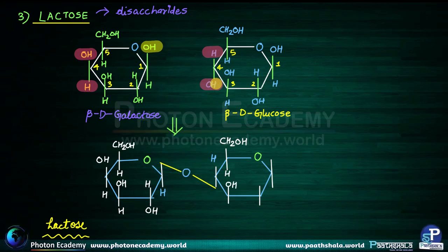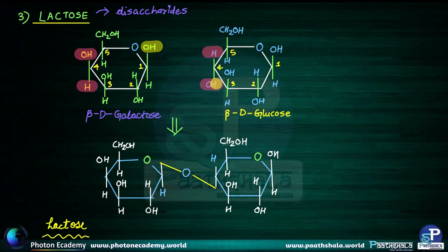Now, let us complete the valencies. Also, let us come to the anomeric carbon to see whether lactose is a reducing or a non-reducing sugar. The anomeric carbon is actually the first one on both of them.